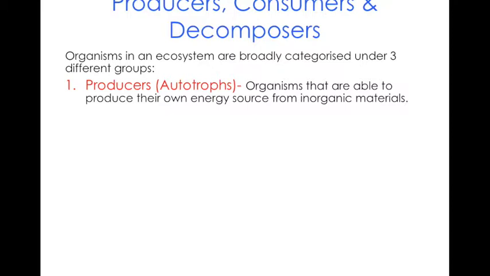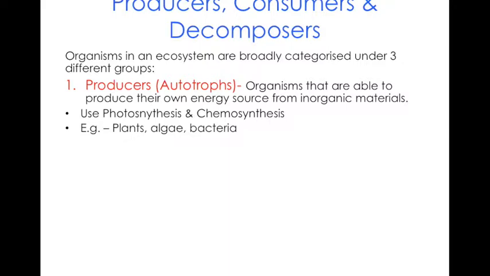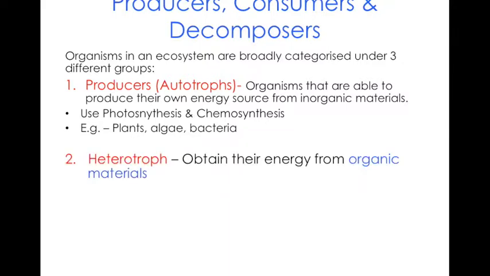Inorganic materials are your carbon dioxide and your water, and they use the power of sunlight or chemicals to turn those things into organic materials. The producers are the first layer in your ecosystem. They use photosynthesis and chemosynthesis. These are your plants, your algae, your bacteria.